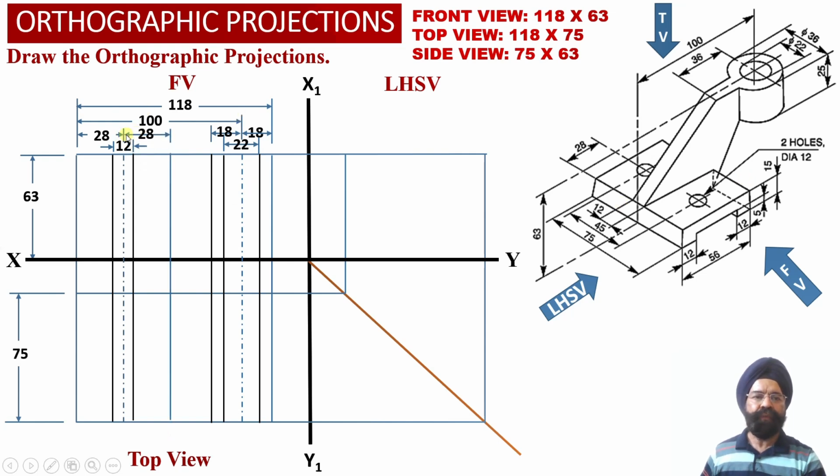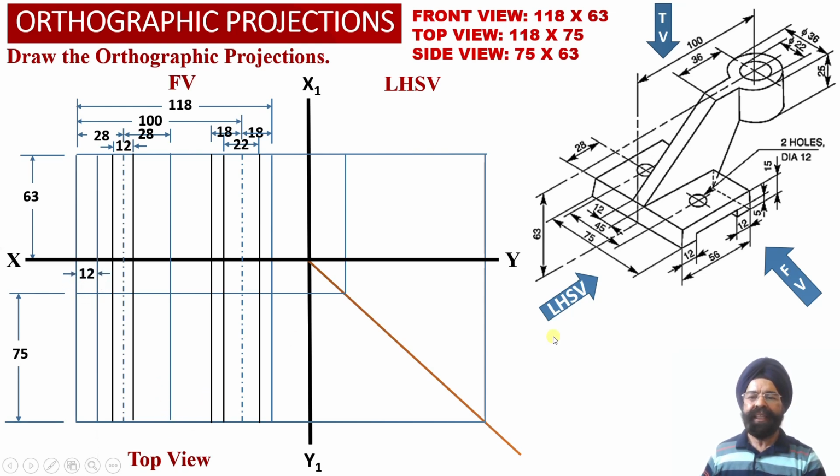So we have taken a distance of 28 millimeter from the center point of the circular slot, and we have obtained the right hand side end point corresponding to this web number 1, or the horizontal web number 1. Here this vertical projector line we have appropriately located in the front view projections and transferred into the top view projections as well.